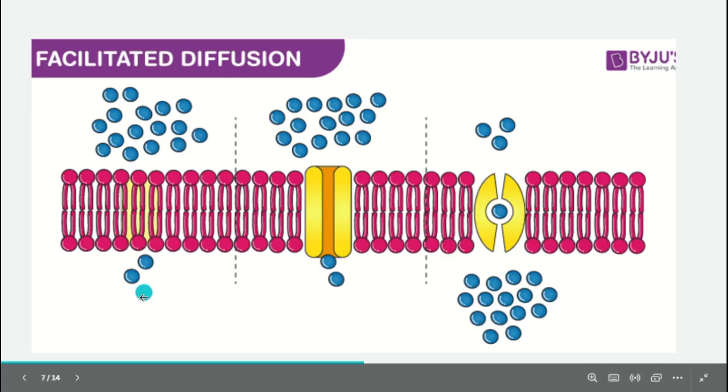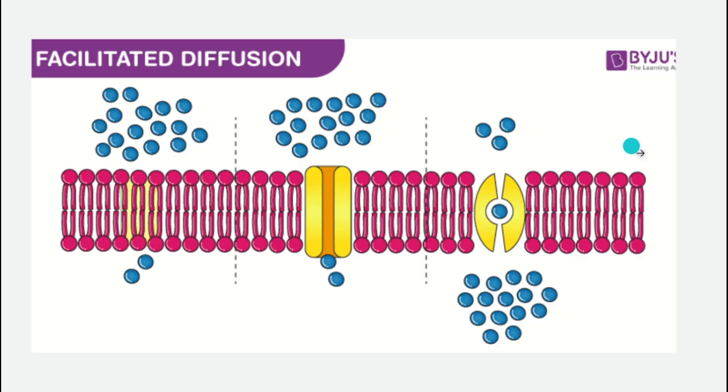Now this is a much larger diagram, right? This is the phospholipid bilayer, the fluid mosaic. This is our channel protein. This is our carrier protein that resembles a pump somewhat, and facilitated diffusion does not use ATP, right?